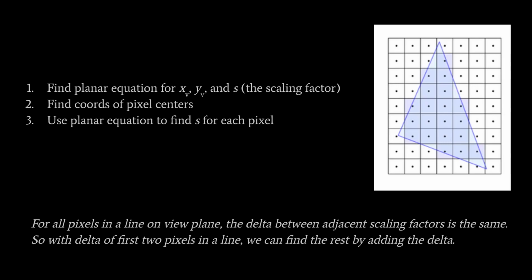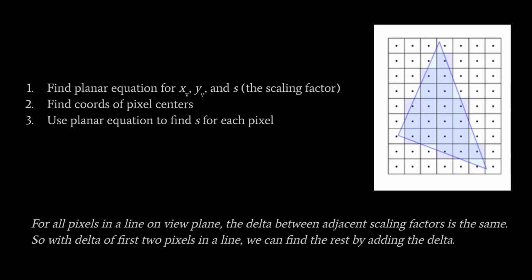But given this planar equation, we then can plug in x and y values and get out a corresponding s value. And so for the box encompassing our 2-dimensional triangle on the viewplane, we find the viewplane coordinates for every pixel center, and we plug them into the planar equation to get the equivalent scaling factor for each of those pixels.